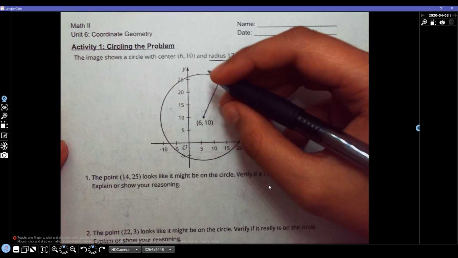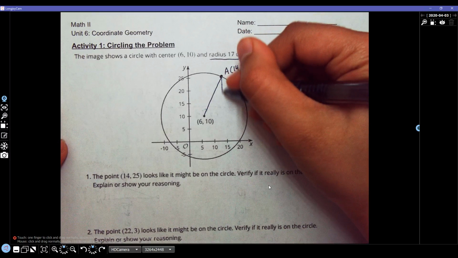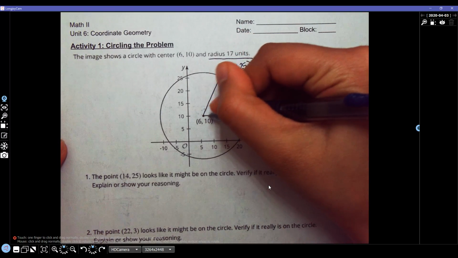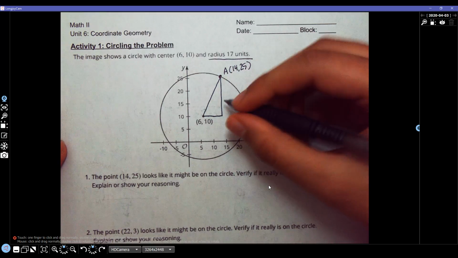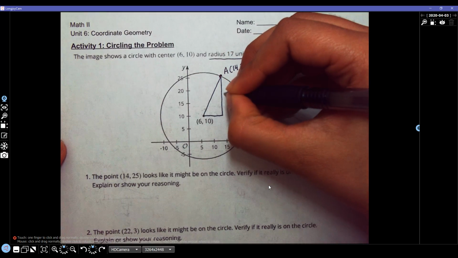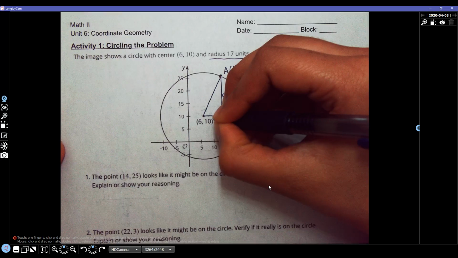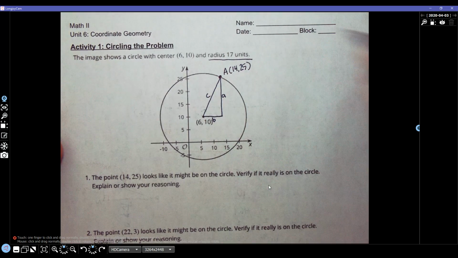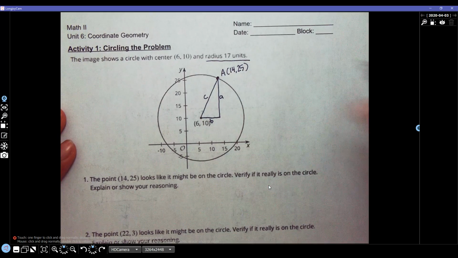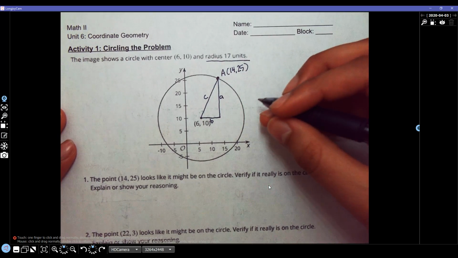So I'm going to create a right triangle over here connecting these 2 points. And I'm going to label my A, B, and C values as well. Remember that our C value is the hypotenuse of our right triangle.